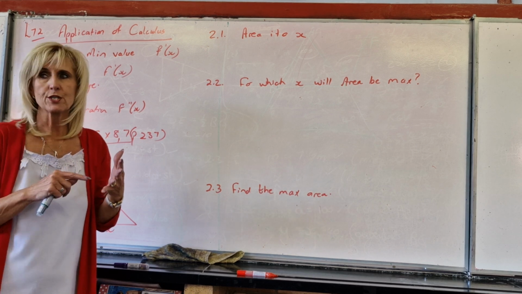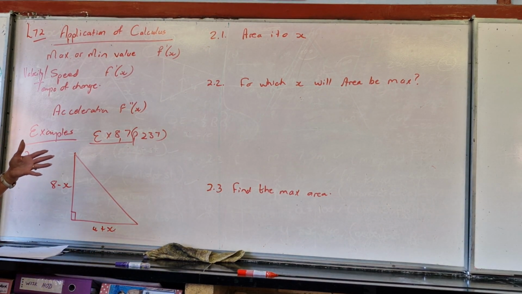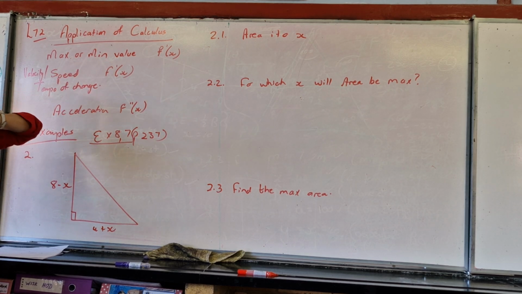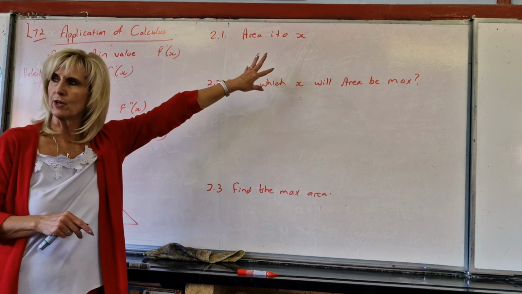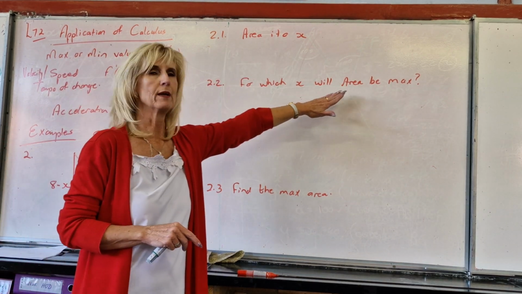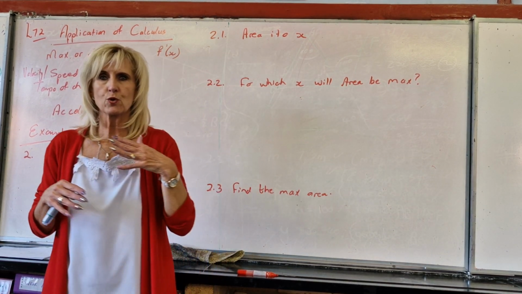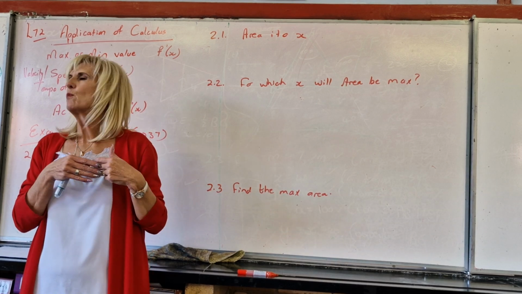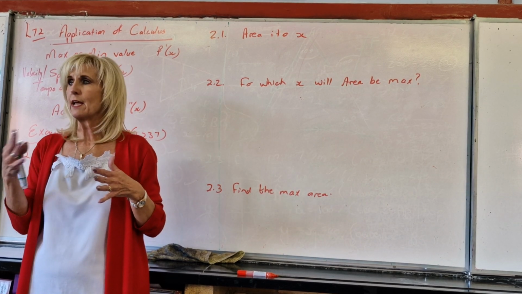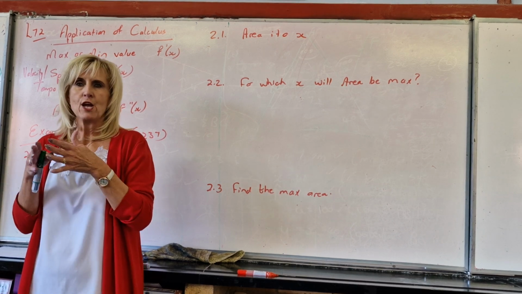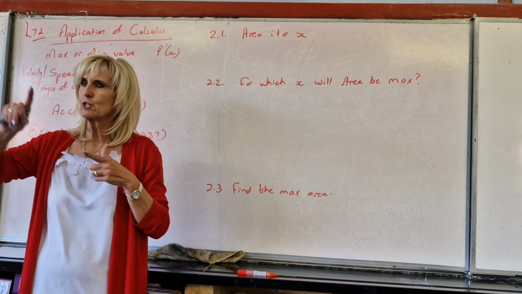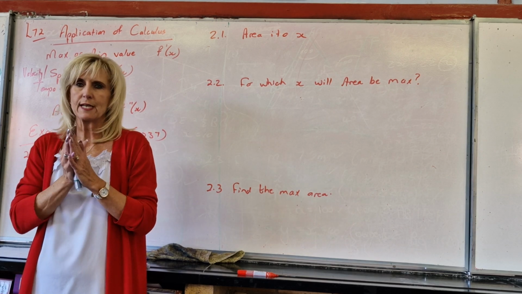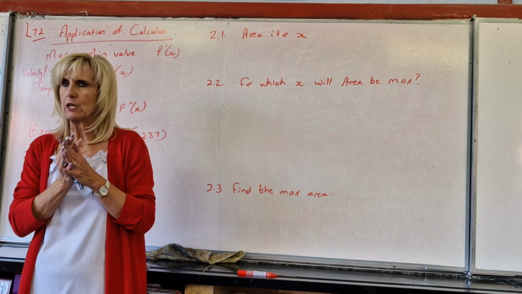And then I will ask you for the minimum or maximum value of whatever you worked out. Normally if I ask you to work out the area, I'll ask you for maximum area. If I ask you to work out the volume, I'm going to ask you for maximum volume. If there's another type of sum where you don't have to work it out yourself, I might say, work out the distance from here to the labs, here's a formula. They give you the formula, that's fantastic, so you can't make a mistake in getting the formula yourself.